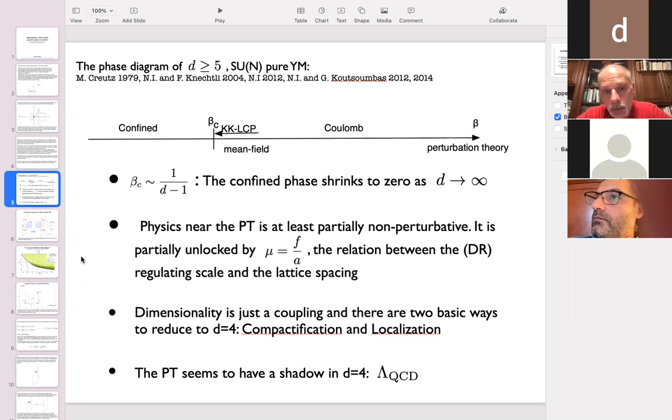And the other one, which is not as easy to handle, is localization. Localization is when the system, if it's 5-dimensional, let's say, breaks into an array of 4-dimensional slices. So this is a non-perturbative effect.